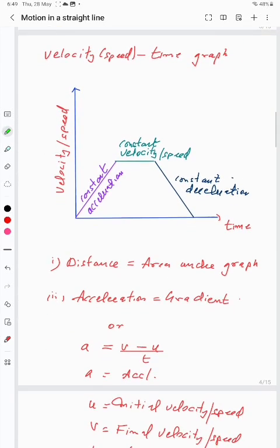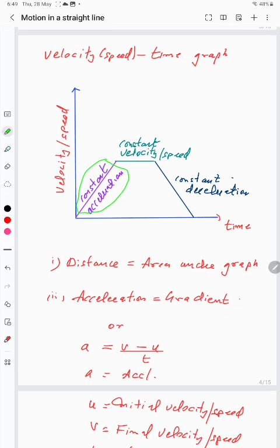A velocity time graph. In this case, velocity or speed is on the y-axis, time is on the x-axis, and a straight line like this purple line represents constant acceleration.